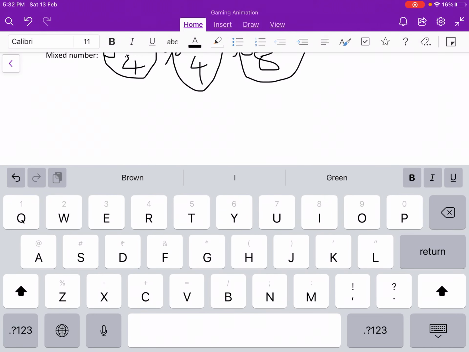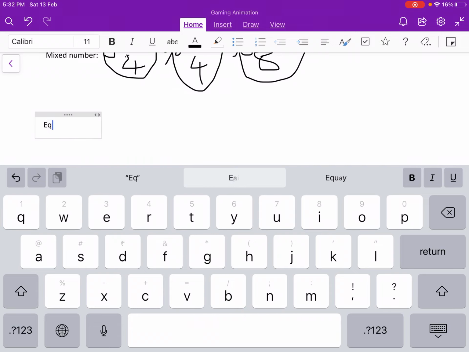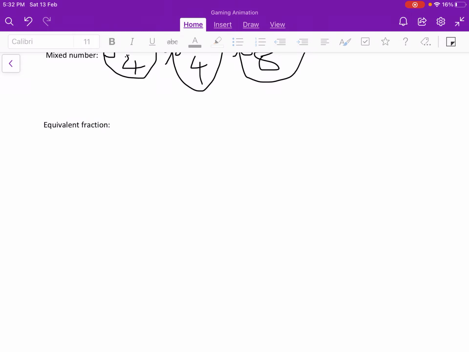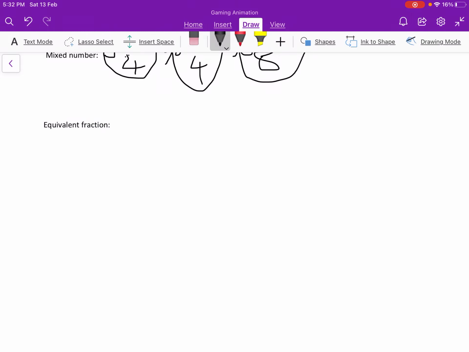The next one is called equivalent fractions. So what is equivalent fraction?